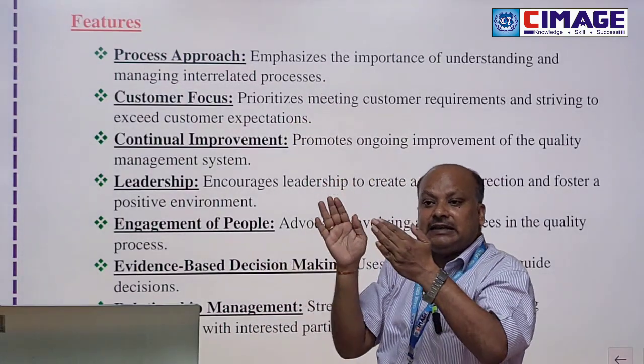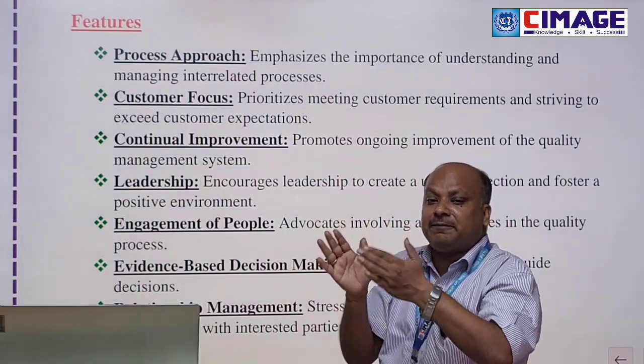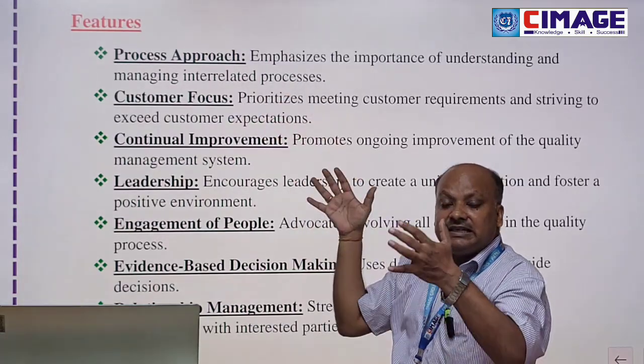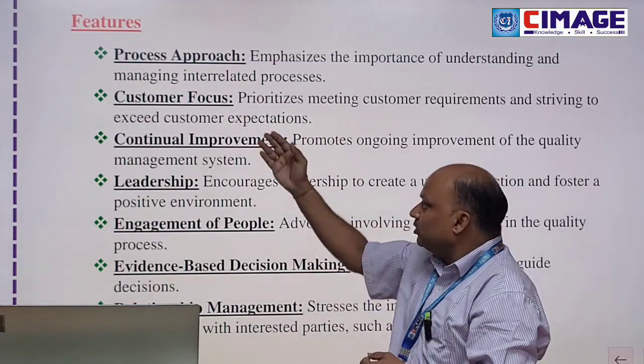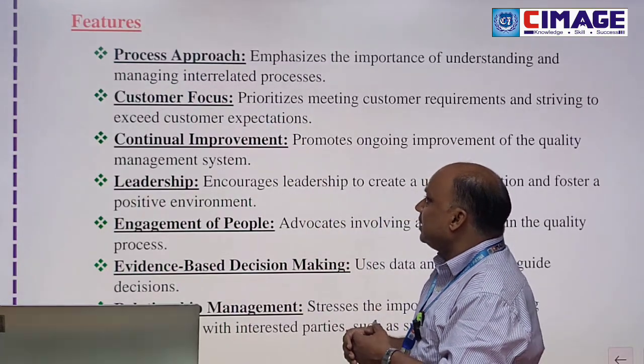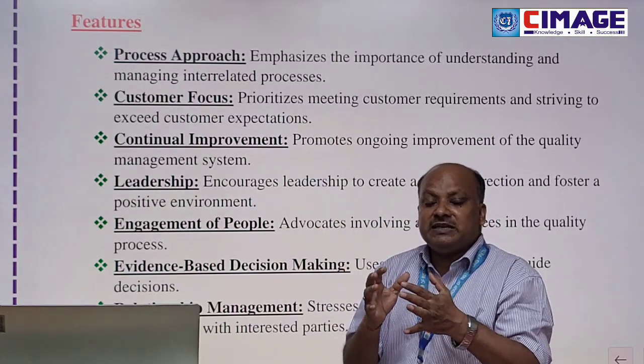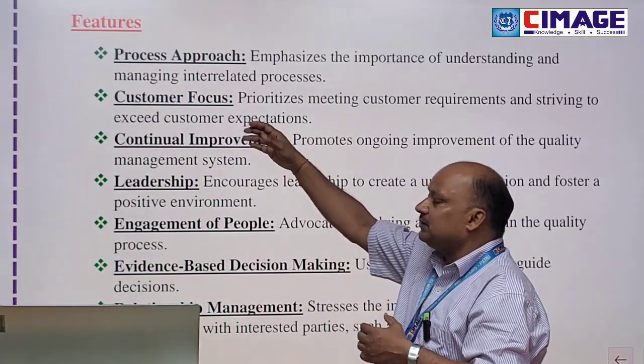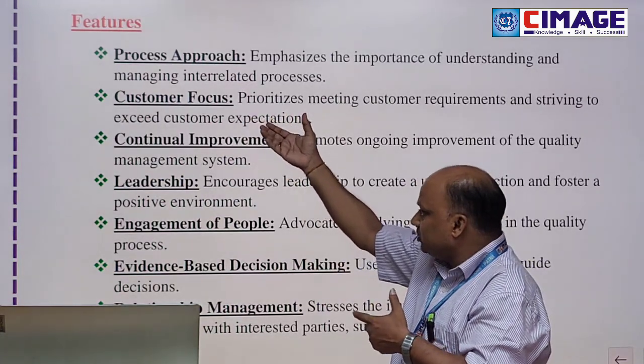If the interrelated processes are meaningful, we can say it is a process approach, meaning integration of processes. Another is customer focus. Customer focus means the customer is at the center, and on that basis we take decisions.